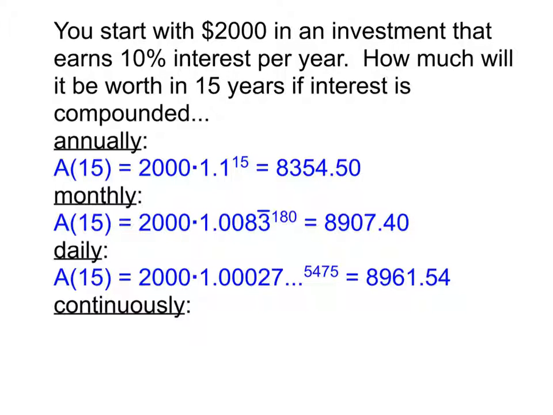The more often we compound our interest, the more we get out of it, because you're letting it grow upon the growth more. But you'll notice that the jump from 12 to 365, in terms of the raw final amount, wasn't quite as dramatic as it was going from just compounding once a year to 12 times a year. And so there is basically a limit to just how big this could get. But you can see how we can make n bigger and bigger, right?